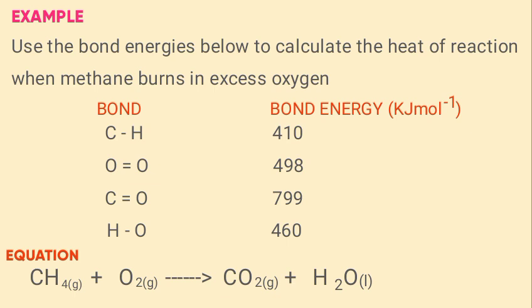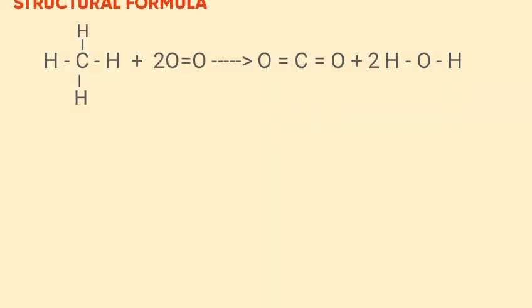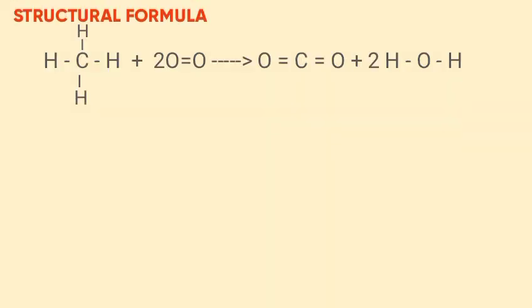To balance the equation, place 2 in front of oxygen and 2 in front of water. Then next you have to draw the structural formula for all the substances shown in the equation: methane, oxygen, carbon dioxide and water. It is shown below.